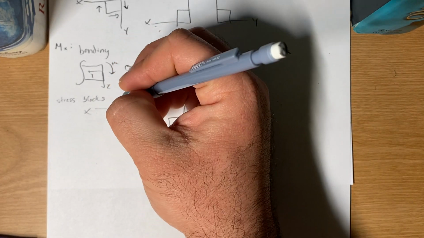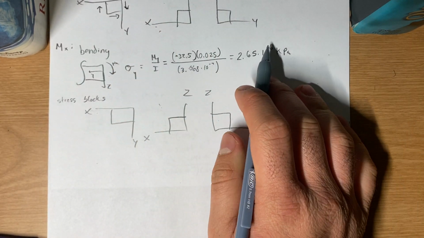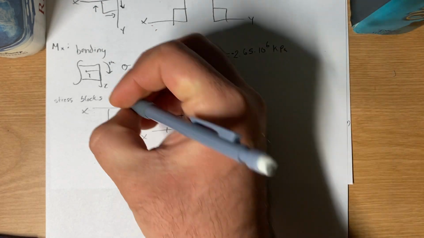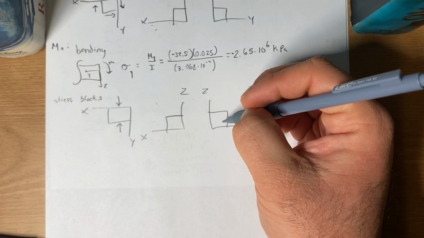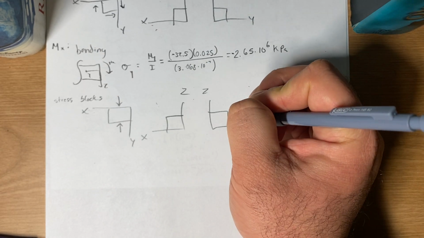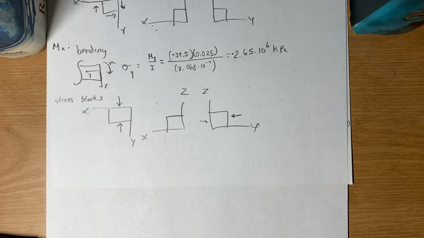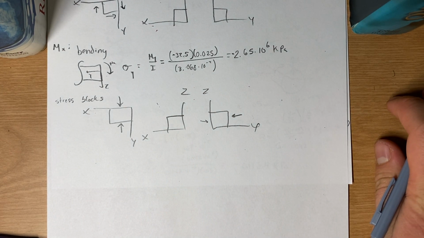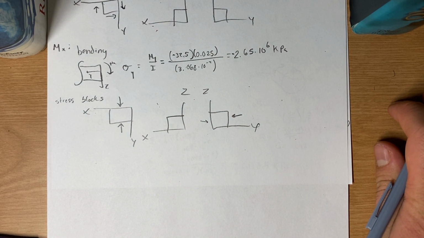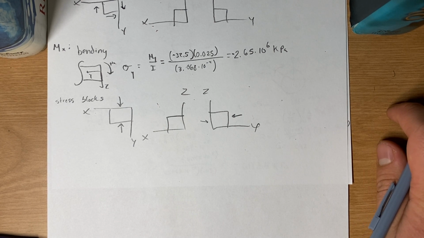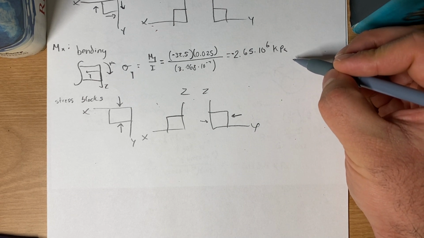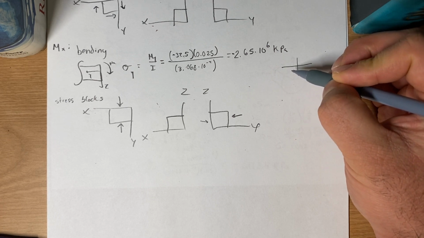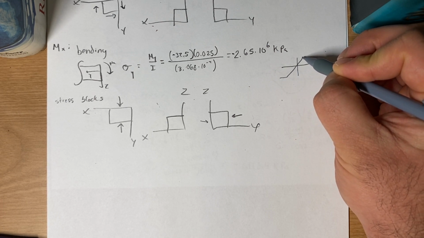So at my y, I know I got a negative value. My negative means compression right here. So I also have a y here, so I have compression. So y at negative, it's compression. It goes back to the elastic plastic model, which, just to be real short, looks like this.